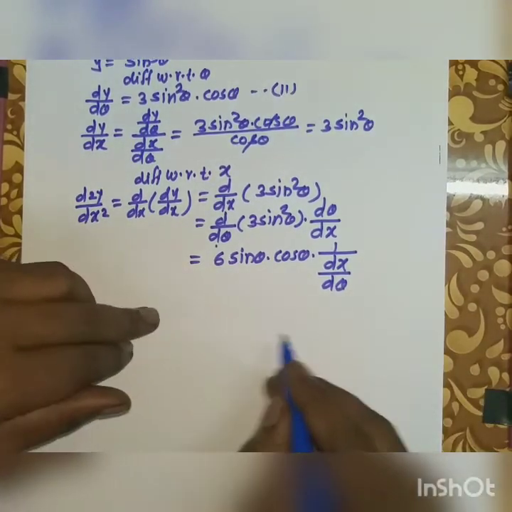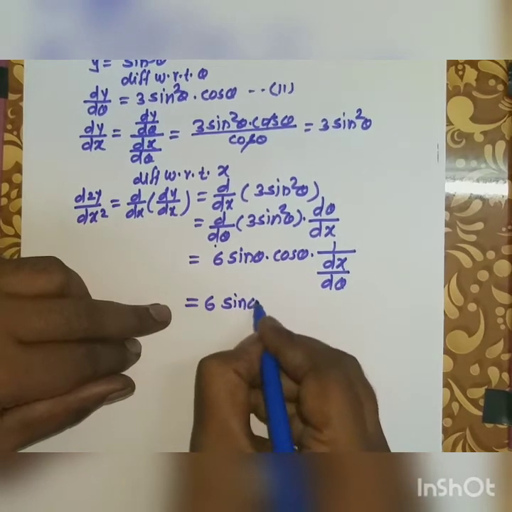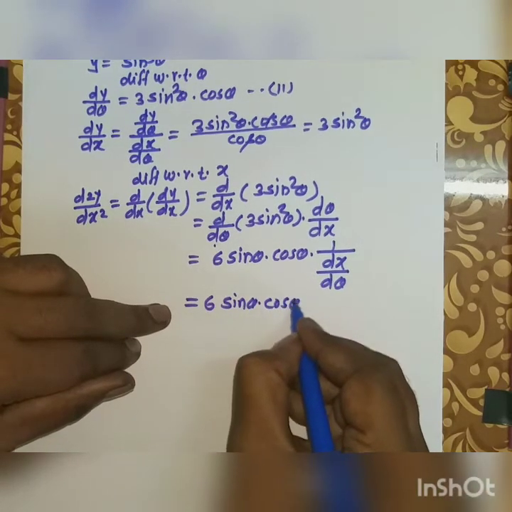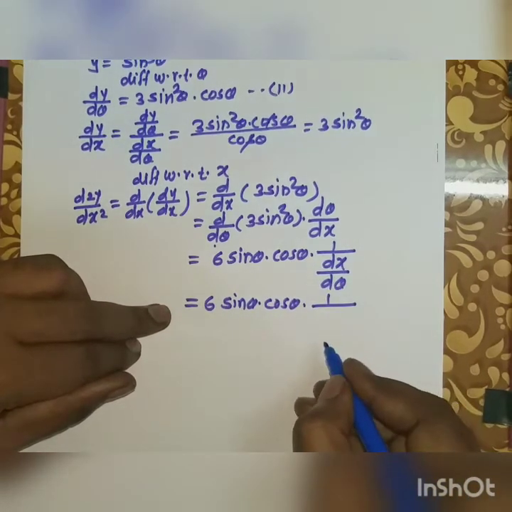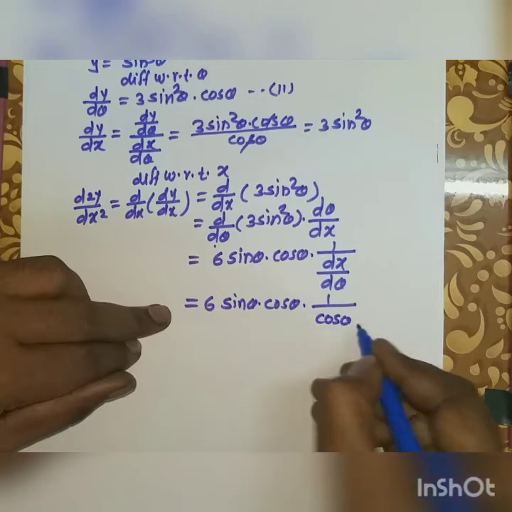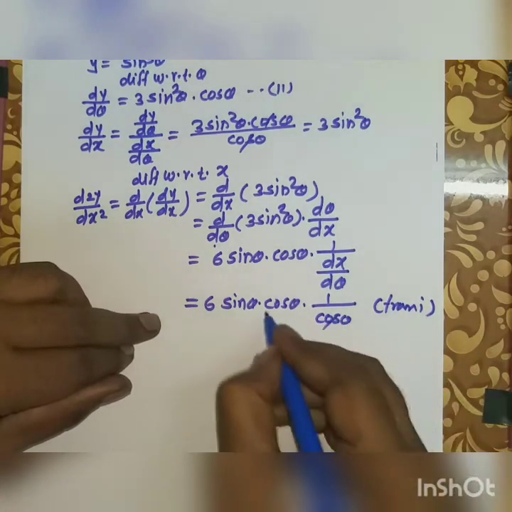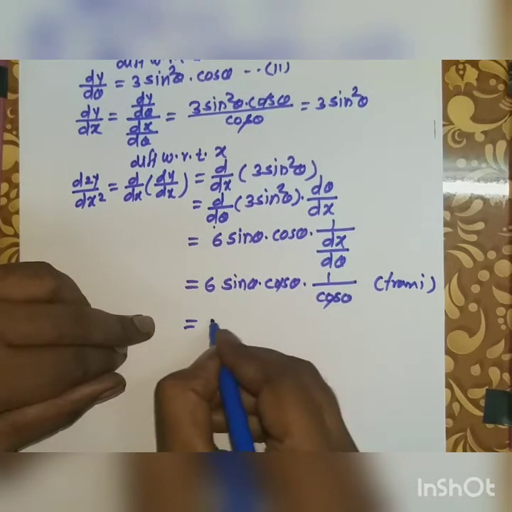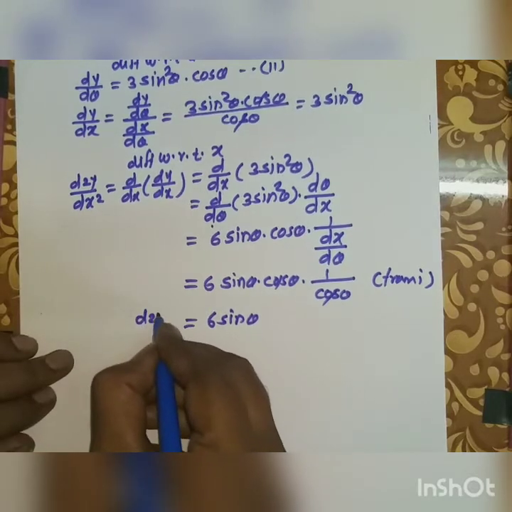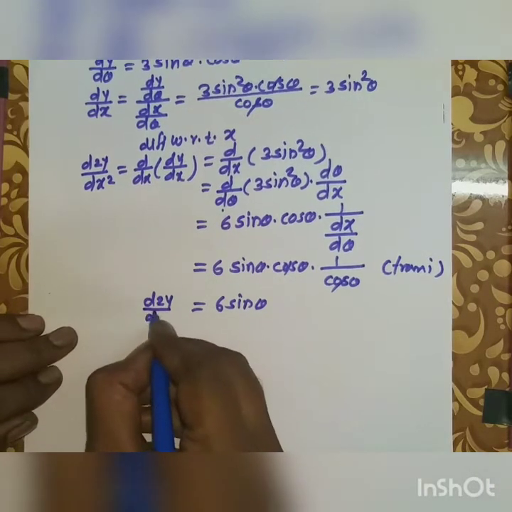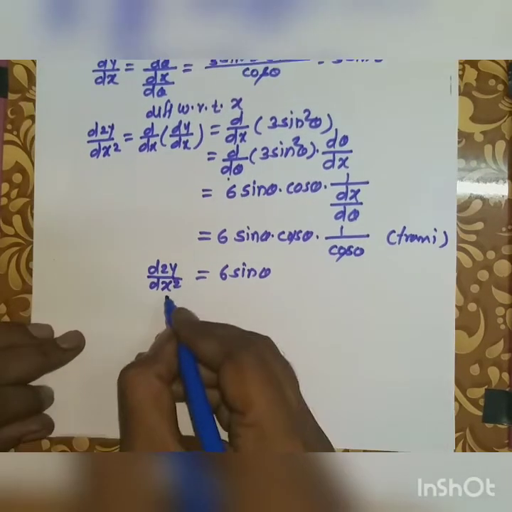Therefore we write in this way: is equal to 6 into sin theta into cos theta into 1 divided by, from equation 1, dx by d theta is cos theta. Cos theta cancels, 6 sin theta. This is the second order derivative of the given function, 6 sin theta.